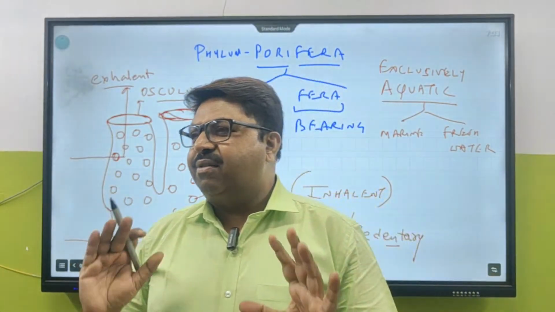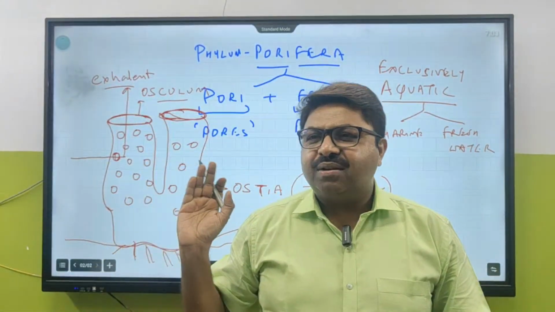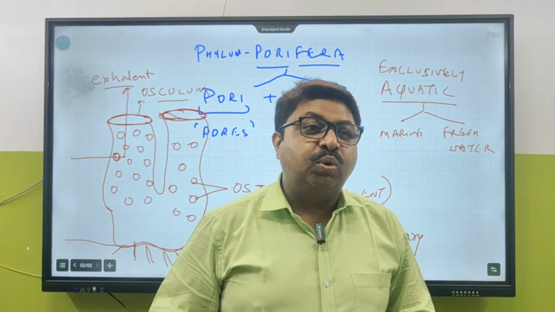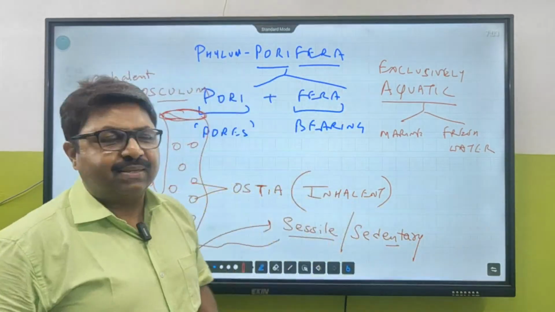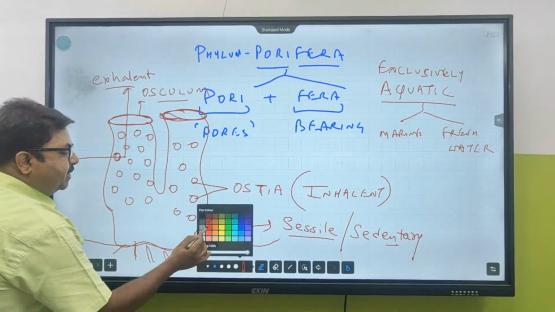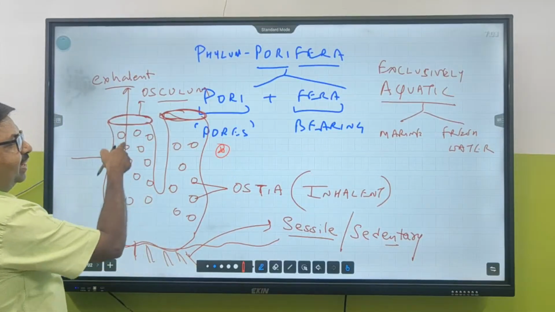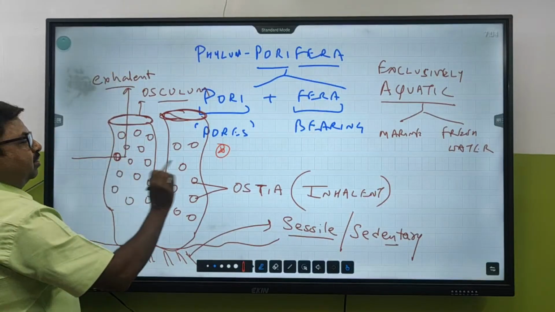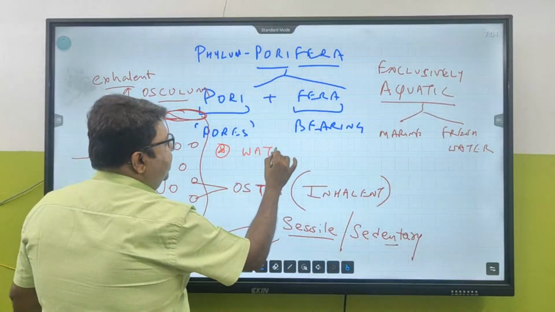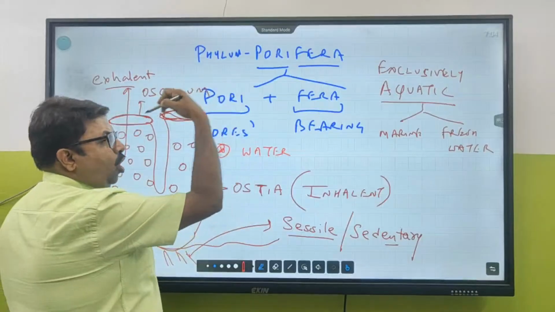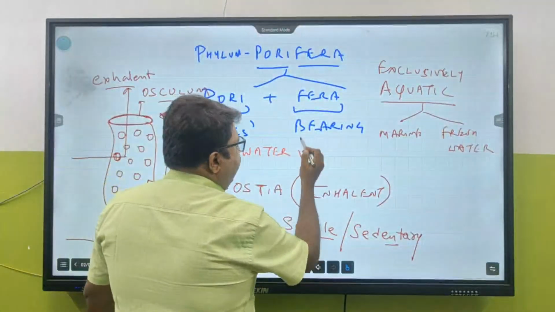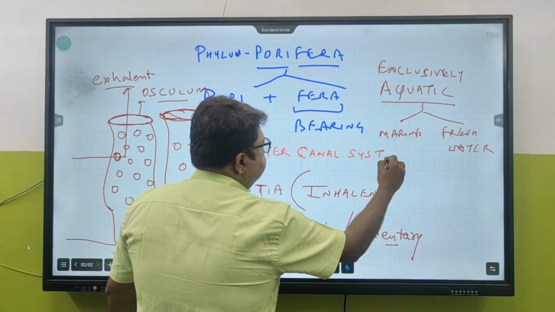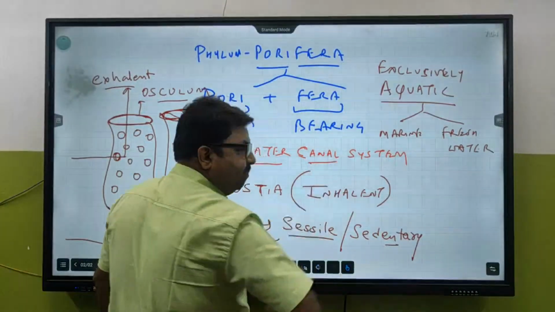It's a water canal system. Water gets in through the ostia and goes out through the osculum. This is very important and unique to all poriferans, a special feature of them.